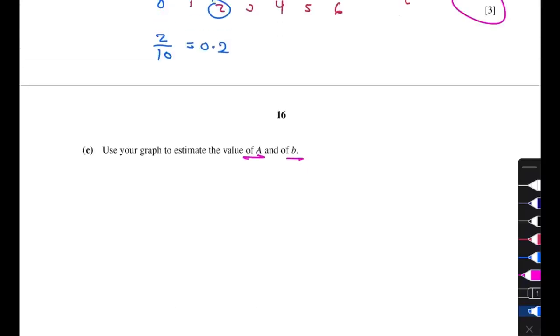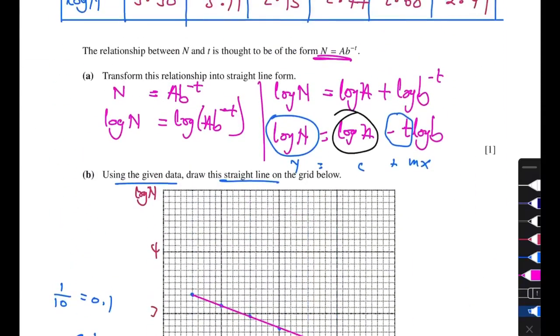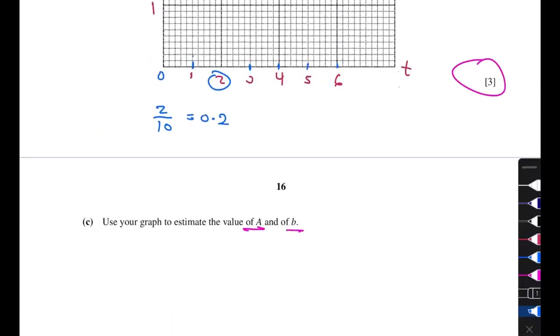Now we want to estimate the values of A and B. But remember this is what we got this whole thing from. Let me write it as y equals mx plus c.